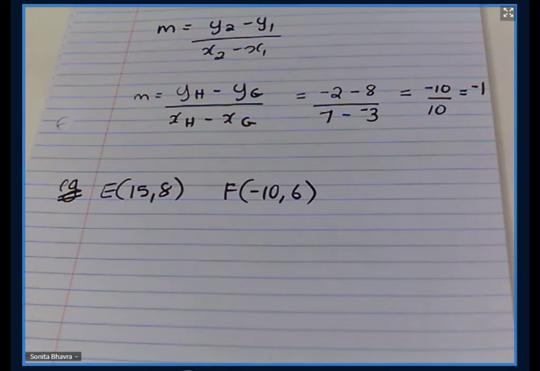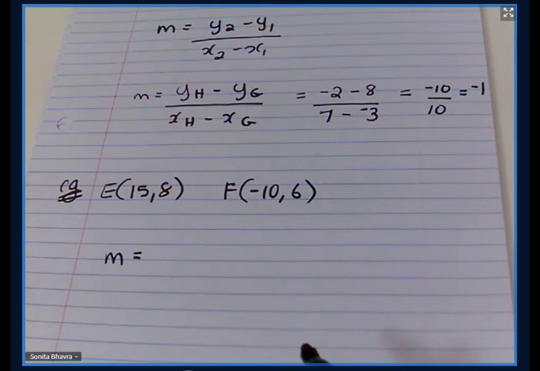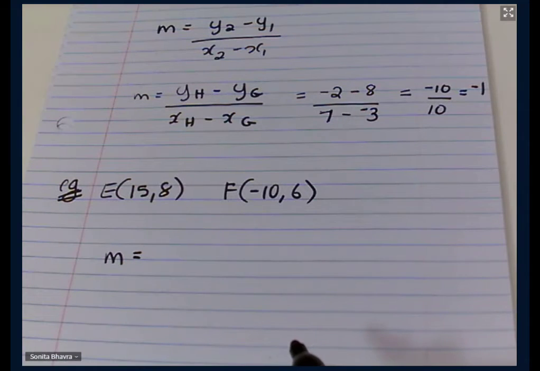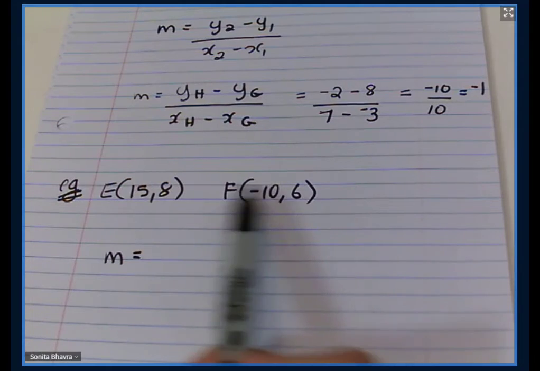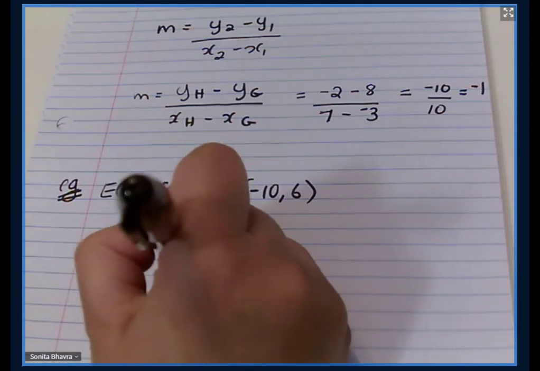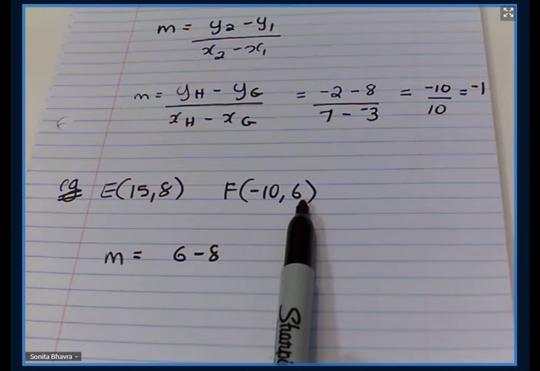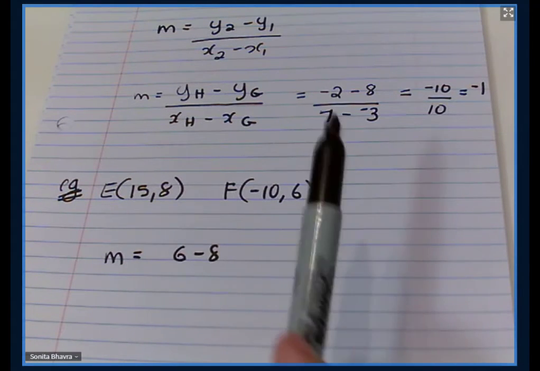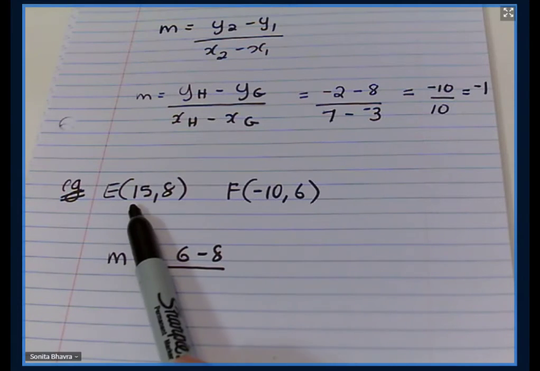To correctly do this, you have to choose which points you're going to use and which way you're going to use them. So I'm going to go ahead and solve for slope, and I'm going to use F minus E. So I'm going to say 6 minus 8. F minus E, I use my y values first, so 6 minus 8. And then my x values, I'm going to use negative 10 minus 15.